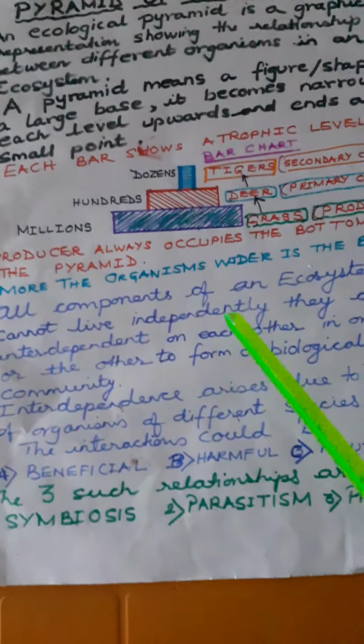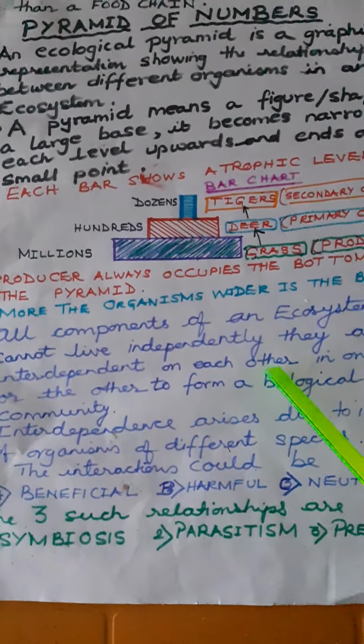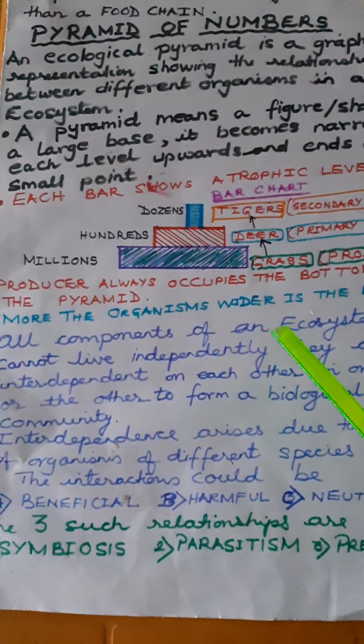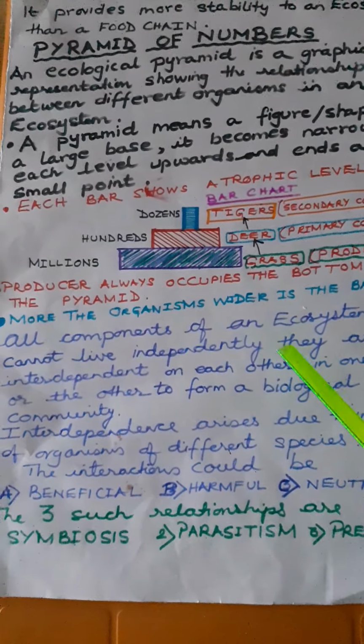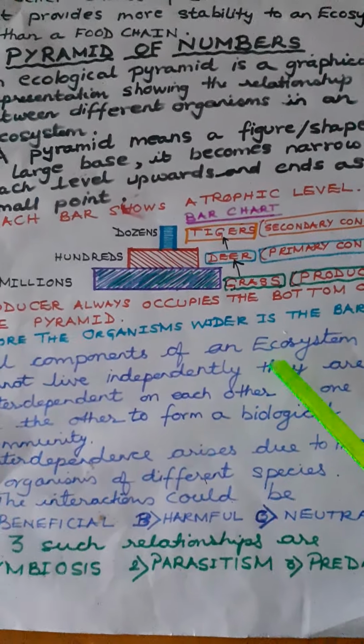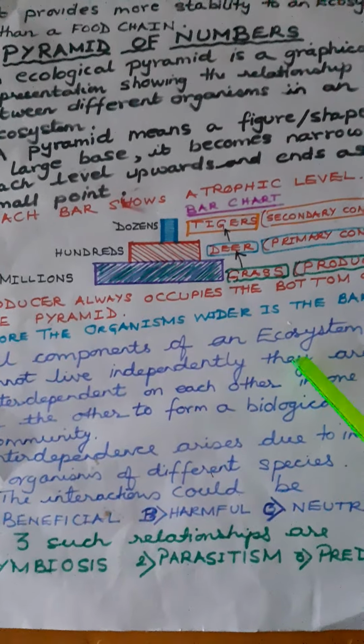Now, as I began this lesson, I had told you that there are biotic and abiotic components. The biotic components of an ecosystem interact with each other, and they interact with the abiotic components also.